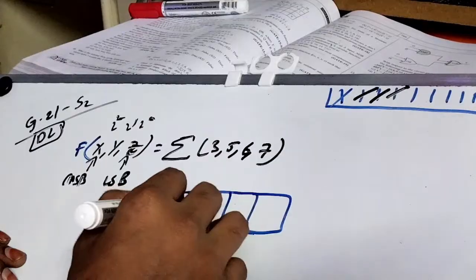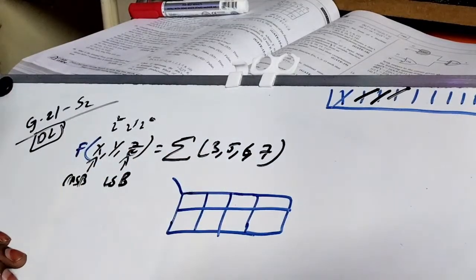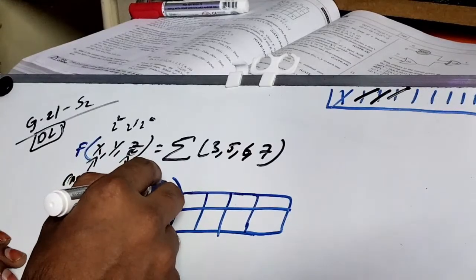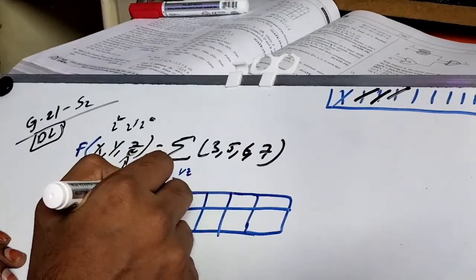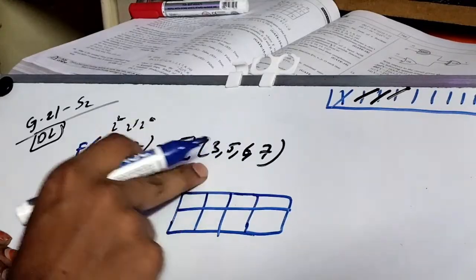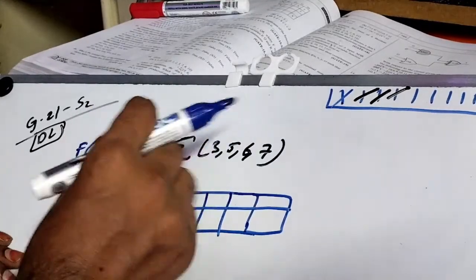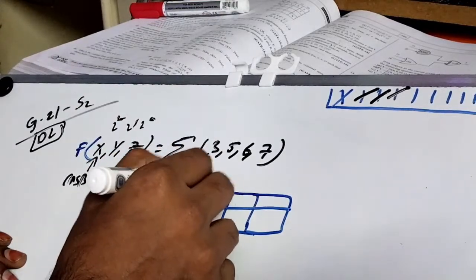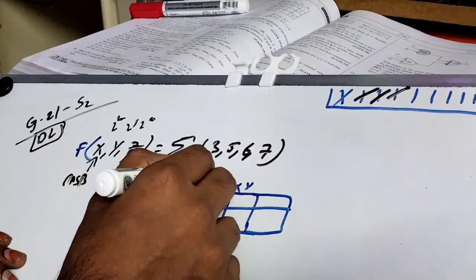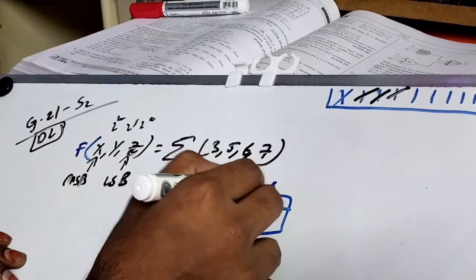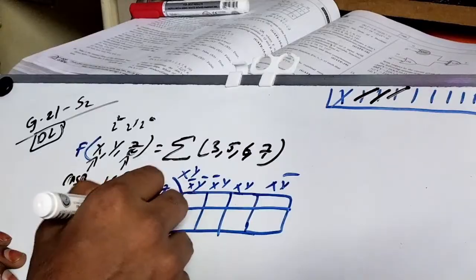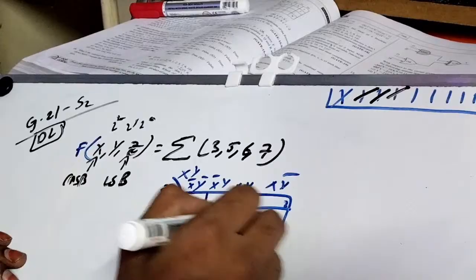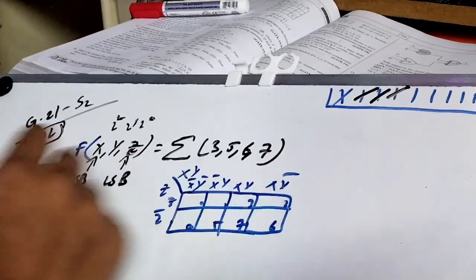So with x and yz, the columns are x y, x bar y, and x y bar, and z rows 0 and 1, giving cells 0, 1, 2, 3, 4, 5, 6, and 7.